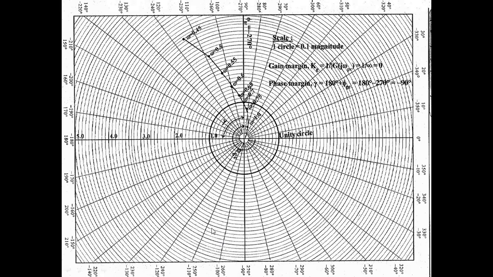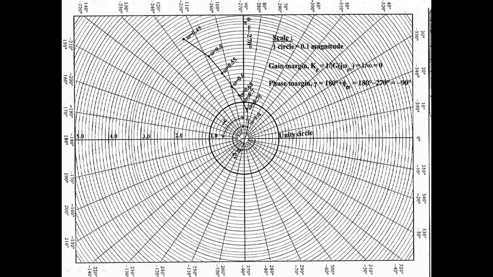We can choose the scale for the circles. Here one circle is equal to 0.1 magnitude. This is the scale he has chosen. Of course, you can take any magnitude. One circle can be equal to 0.05 magnitude also, so that this graph will become a little larger. You can see these are the number of circles.